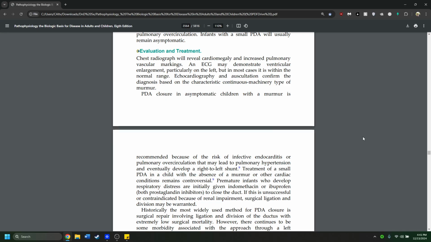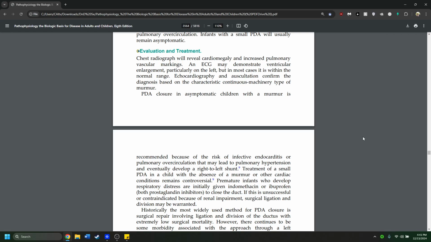So our evaluation and treatment, well, a chest radiograph will reveal cardiomegaly and increased pulmonary vascular markings. An EKG may demonstrate ventricular enlargement, particularly on the left, but in most cases it is within the normal range.